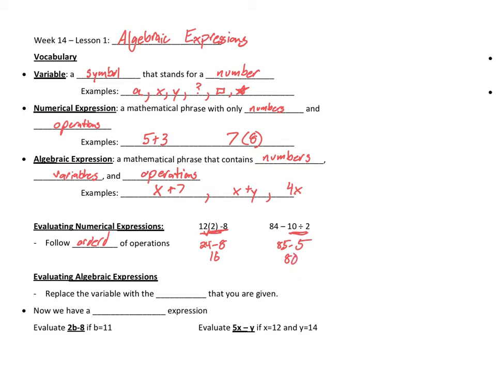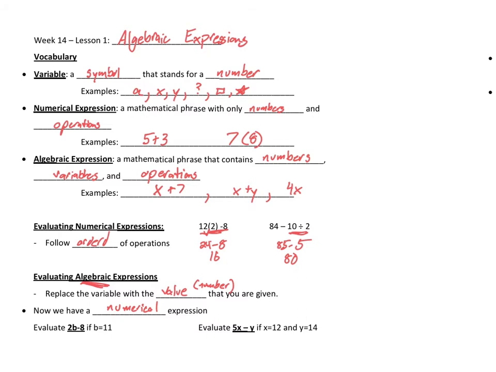Okay, so now if we're going to evaluate algebraic expressions, we're going to replace the variable with the value or the number that you're given. I'll put in parentheses number. Now we have a numeric expression or numerical expression.